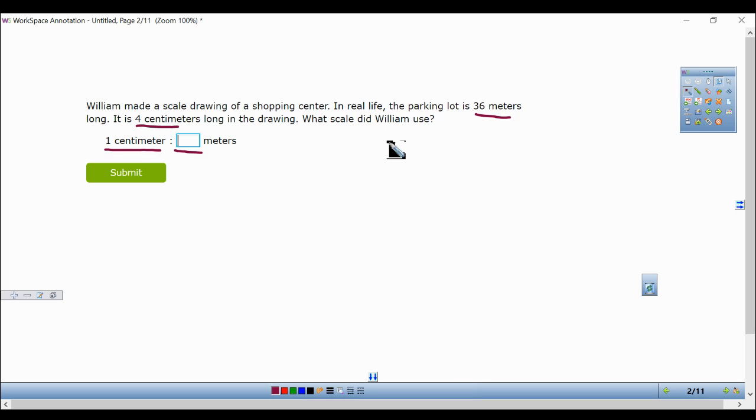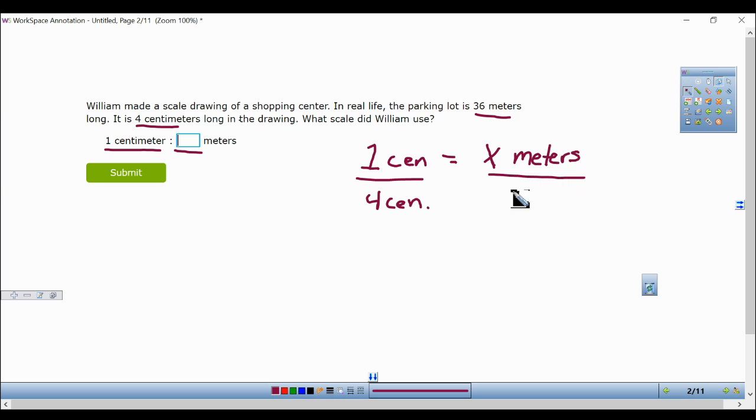So, we're going to write it like this: 1 centimeter is equal to x meters, because we don't know. And in this case, we know that 4 centimeters is the scale drawing, and the actual parking lot is 36 meters.